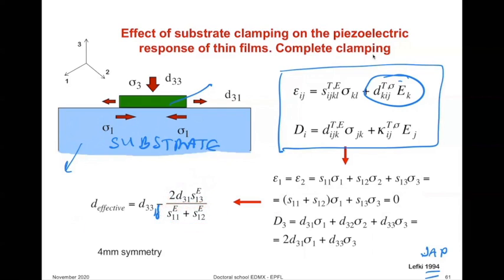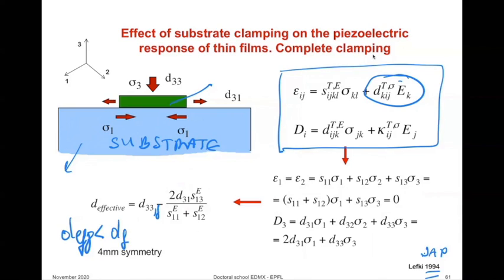the effective piezoelectric coefficient is always smaller than the coefficient of the sample if it was free to expand.